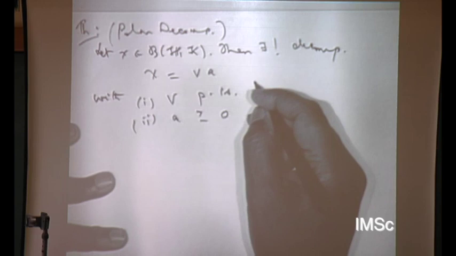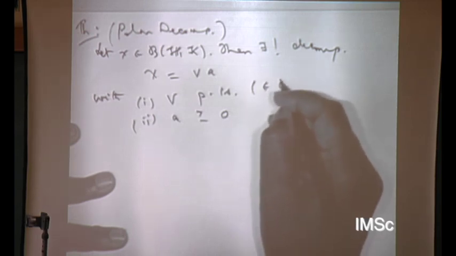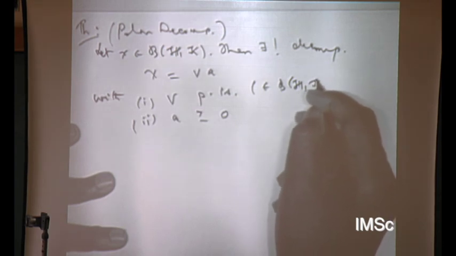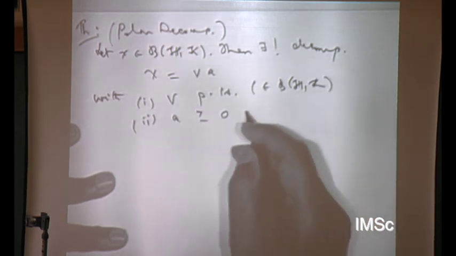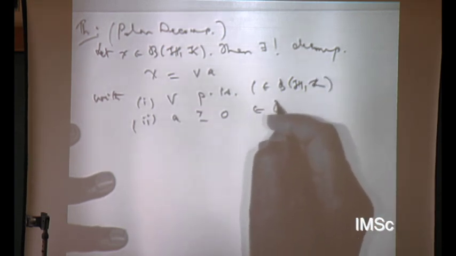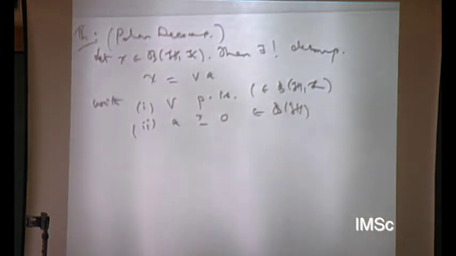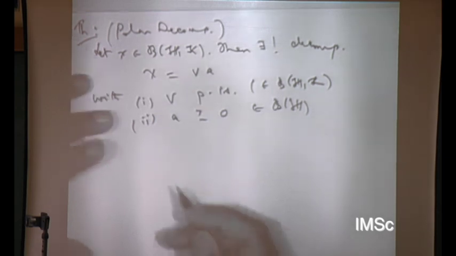So this is an operator from H to K. This is in P of H. Positive means self-adjoint. It can't go between different spaces. So first you have a positive operator on H, and then you follow that up by a partial isometry.